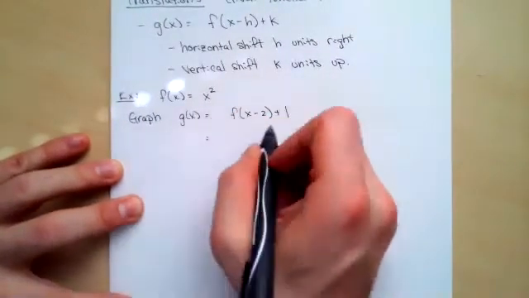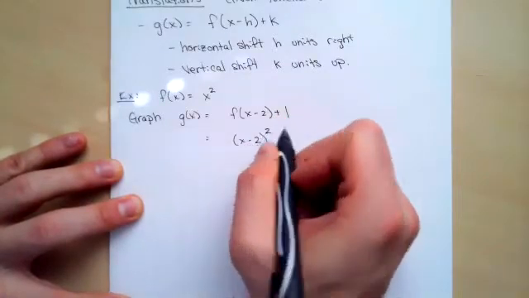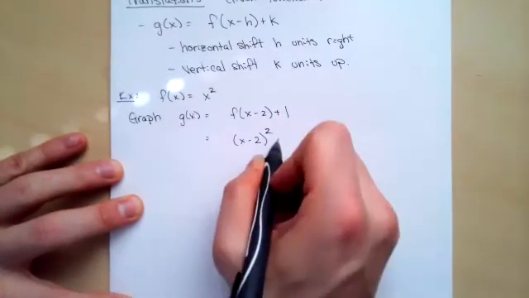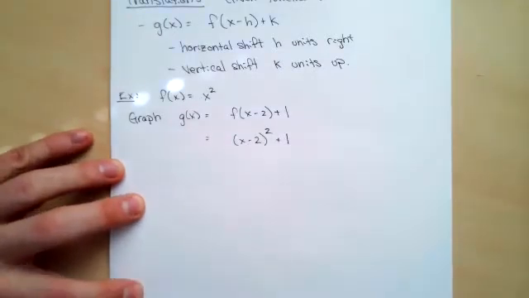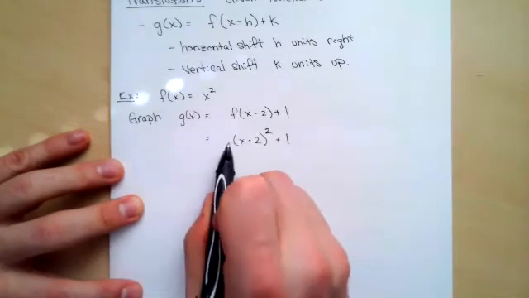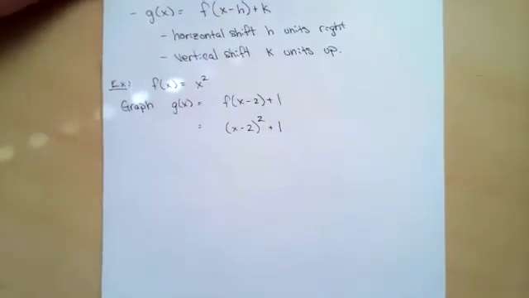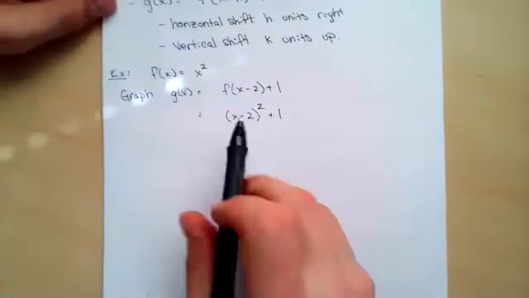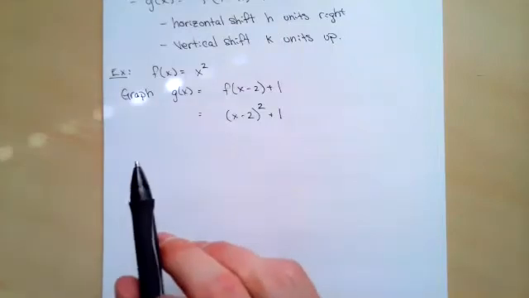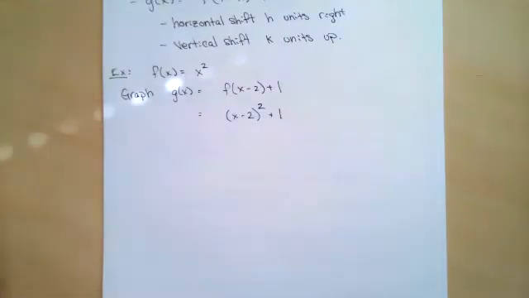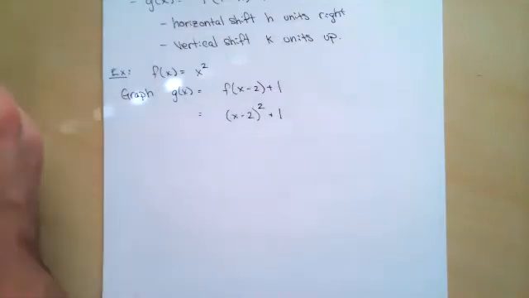Well, we can write it out. x minus 2 is going to go inside for x, and then we have a plus 1 on the outside. We can FOIL that out if we wanted to, but for quadratics, this is what's known as vertex form. It's better to have it in this form because we can actually identify where it shifts.